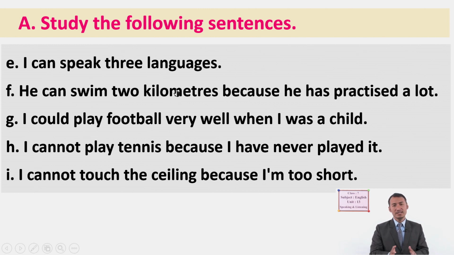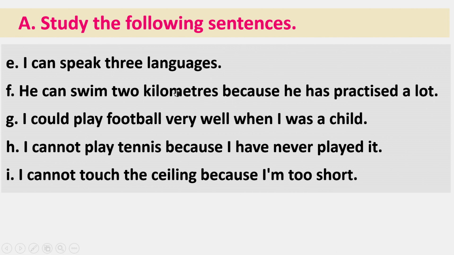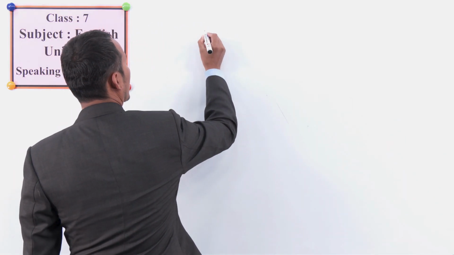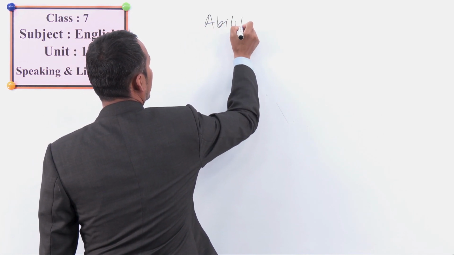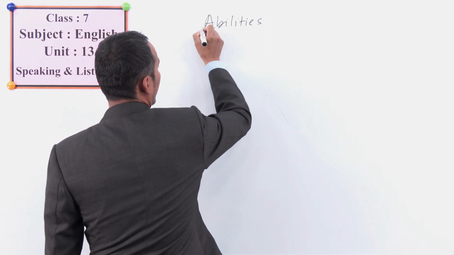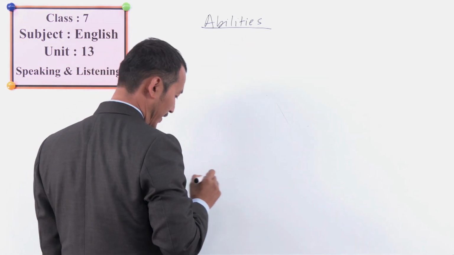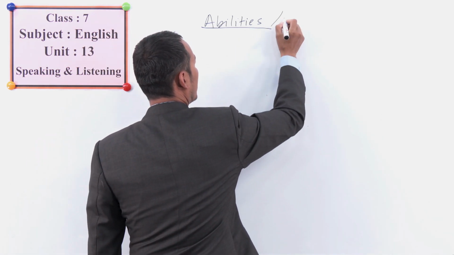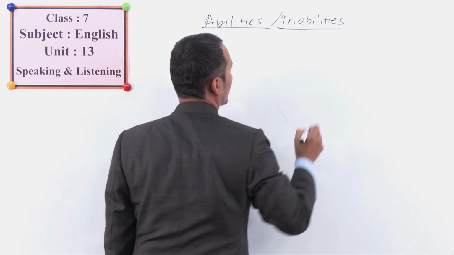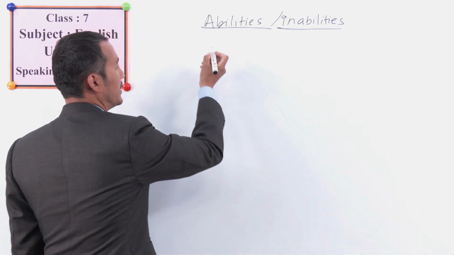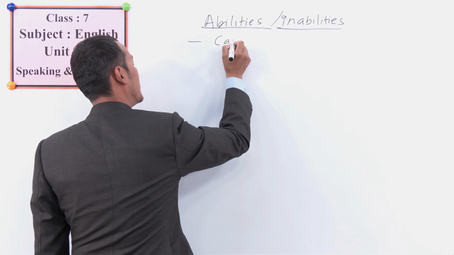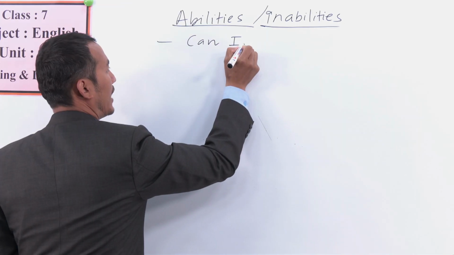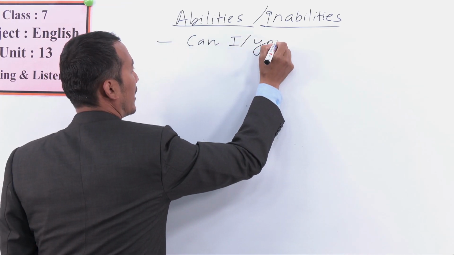So from these different sentences, what do we notice? We notice that we have these sentences for expressing abilities, or inabilities as well. We have words for asking, like "can I" and "can you" in questions.